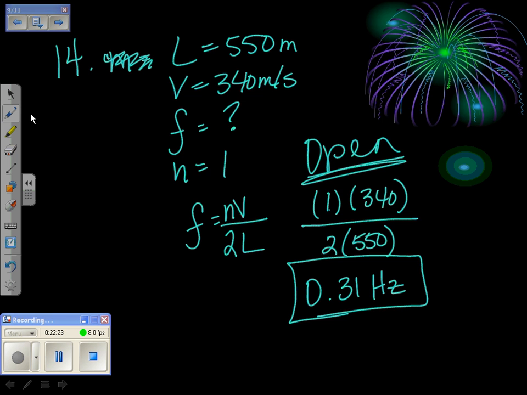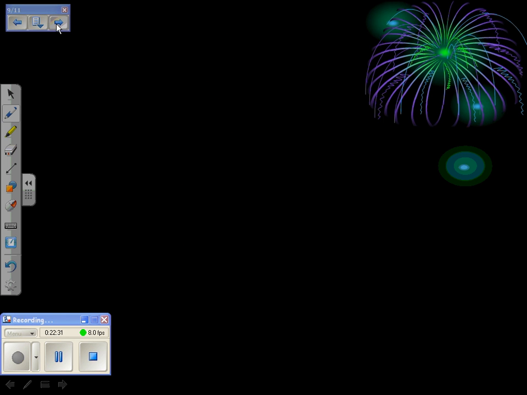So the important thing is to remember that it's open, and that's why you use the 2 in this formula. All right. Continuing on to number 15. Almost done. I know it's taking a little longer, sorry. So let's change colors to number 15.